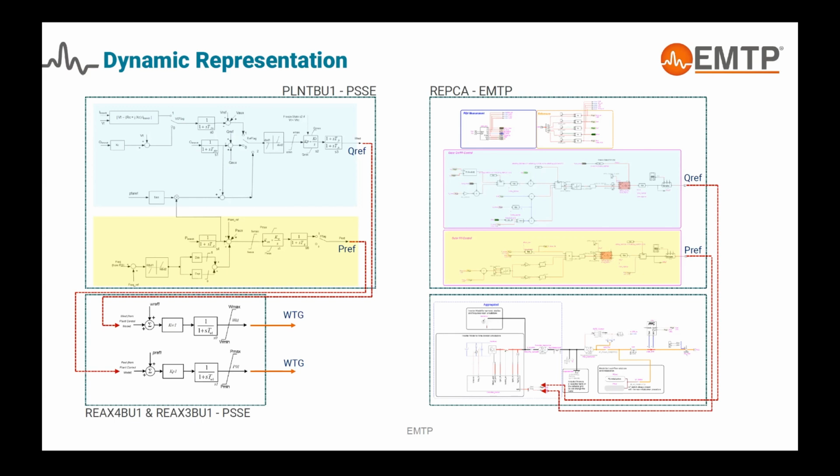For example, in PSSC, you can combine some components, but the components must be available in the standard library. If the component is not there, you need to develop it from scratch using Fortran. But this is something possible to be developed in EMTP.